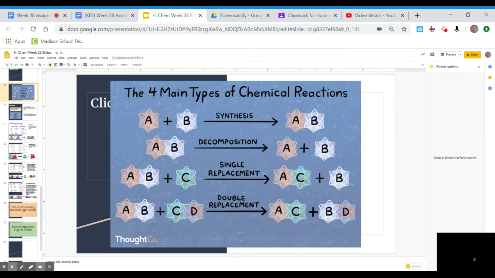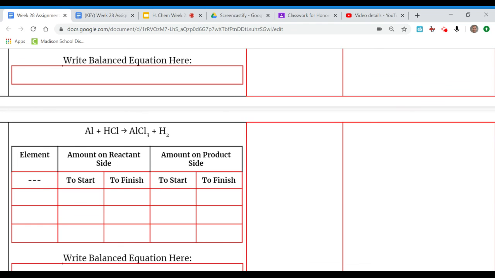Yep, we have hydrogen and chlorine here, hydrogen chloride, and a free aluminum. And it turns into aluminum chloride with a free hydrogen. So that's why I know that this is going to be a single replacement reaction.